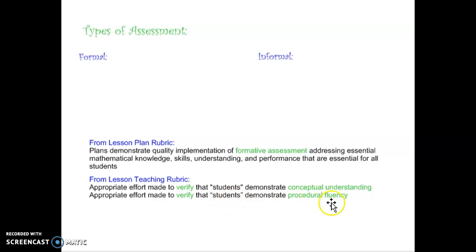And did you check at some point during the lesson whether they can actually do what you're asking them to do? Can you actually add the fractions? Can you actually distribute with the exponent? Whatever it is that you want them to do, that's what you need to be checking for your students. And as an aside, please take some time to go back and read carefully through both of those rubrics before you present your lesson to the class in a couple weeks.